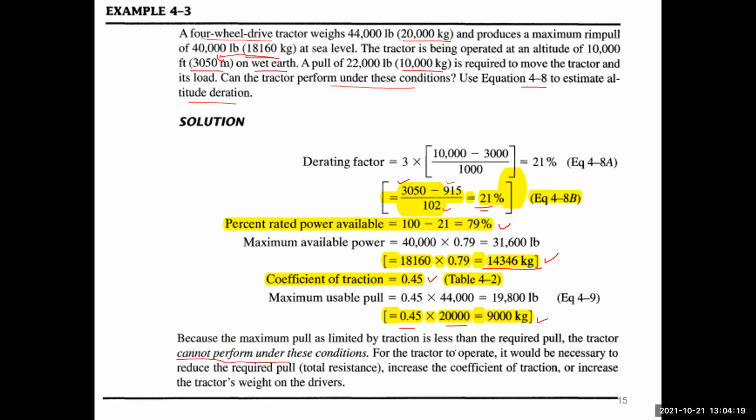So for the tractor to operate, it would be necessary to reduce the required pull, that is the total resistance, increase the coefficient of traction, or increase the tractor's weight on the drivers. In this case, the maximum usable pull of 9,000 is less than the maximum available power.